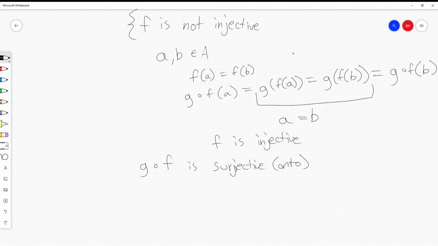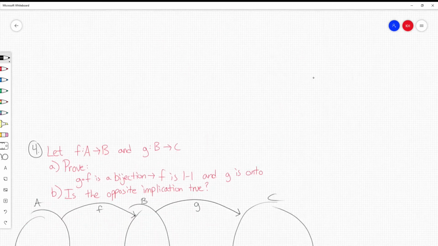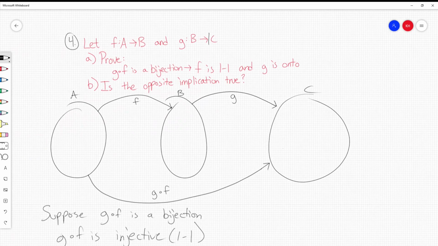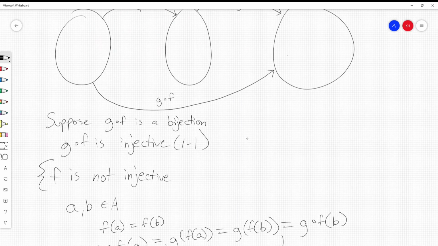We're going to let z be an element in our final output, which is going to be some element in the set C, right? Because we have A going to B, and then B going to C. So C is our output of the entire function here.